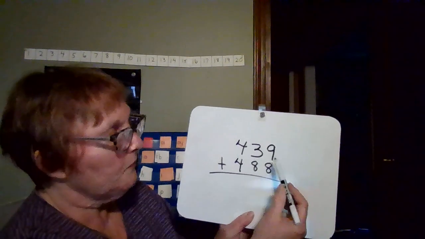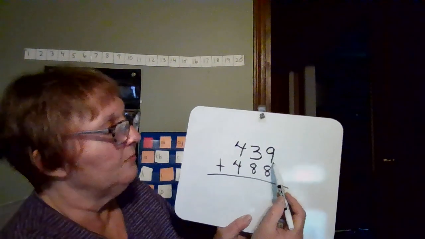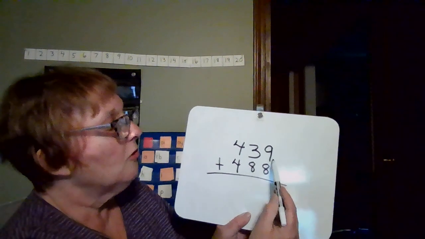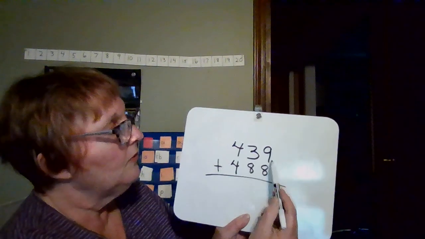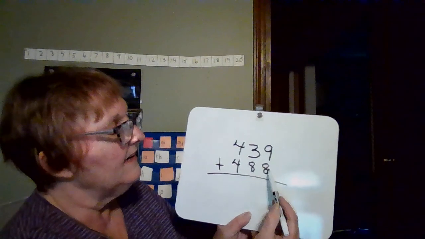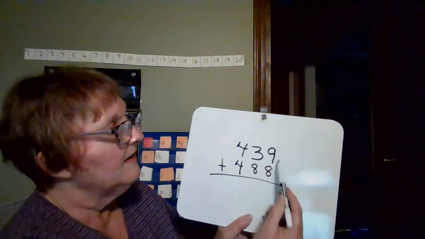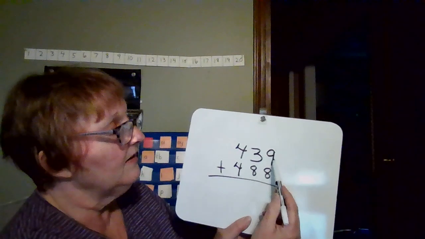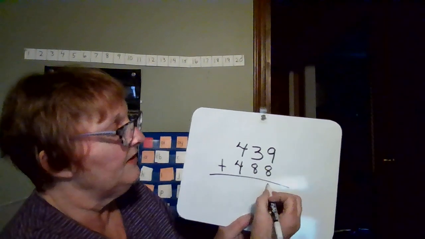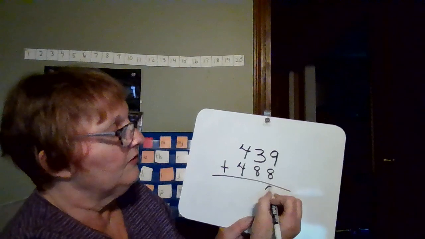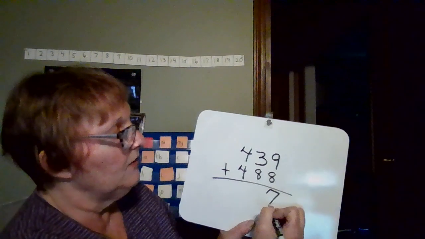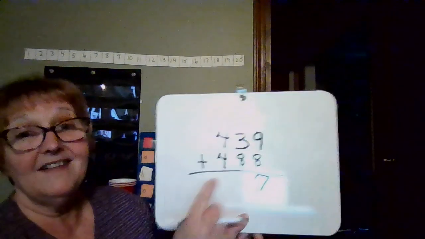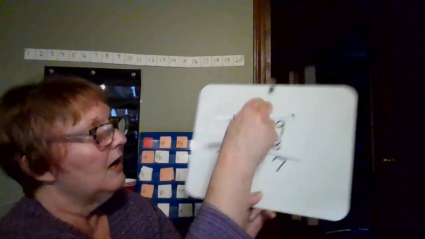Well, we can do it one of two ways. We can count on from 9 and count on 8. Or we can think, 8 plus 8 is 16. And what's one more? Oh, 17. 9 plus 8 is 17. So here's the ones, 7 ones, and the group of 10 is going to go over here because it has to be in the tens column.